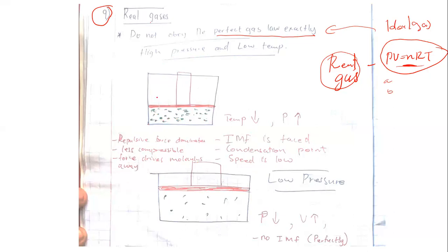So now, what do you see in this container? What's happening with one of the variables, V, P, N, R, or T? Okay, I see that my gaseous molecules are compressed. That means my gaseous molecules have high pressure, right?